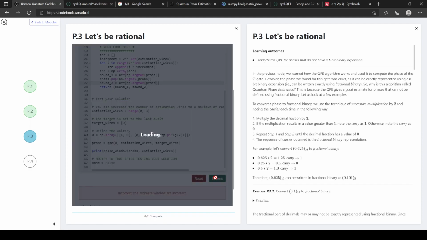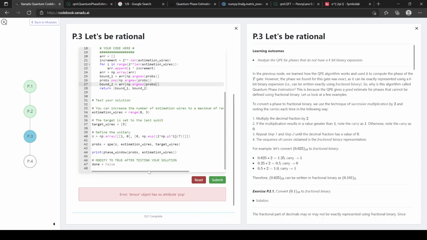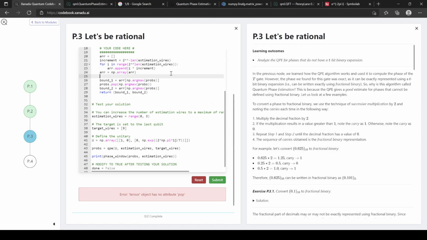All right, there we go. Tensor. Okay, well, we'll cast it to a list then.